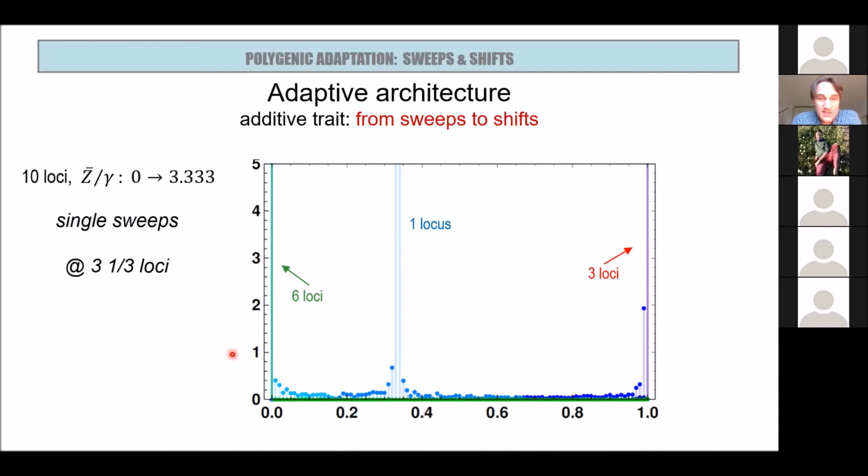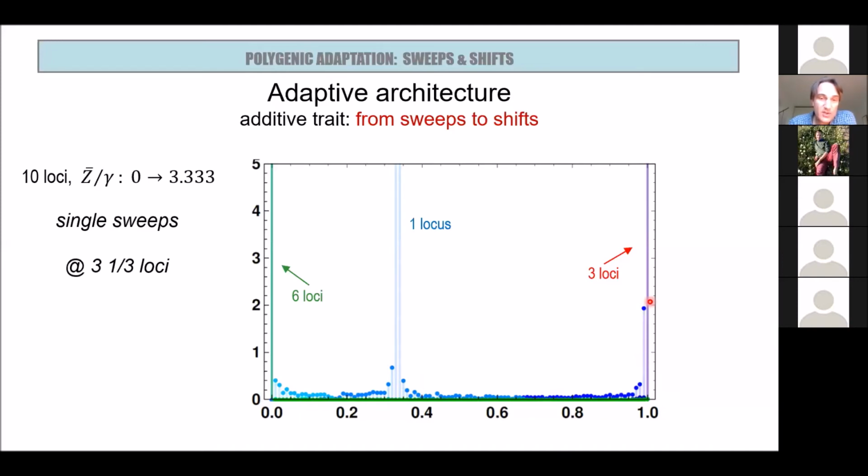We see a spike on this side. Different loci are different colors, and if we look closely, there are 3 loci, 3 colors on top of each other here, which means that 3 loci have walked all the way from frequency 0 to frequency 1. They've reached fixation in the population.